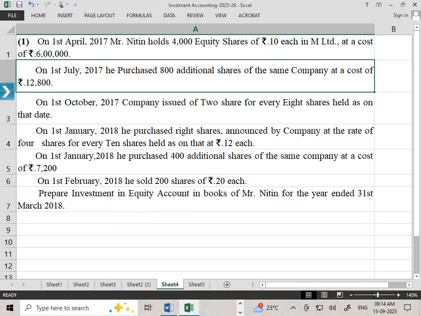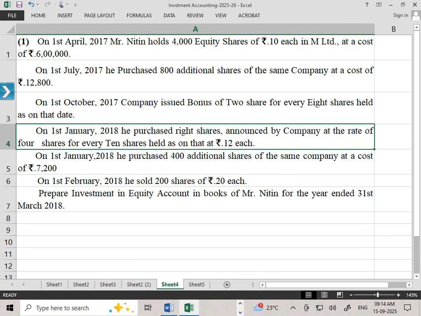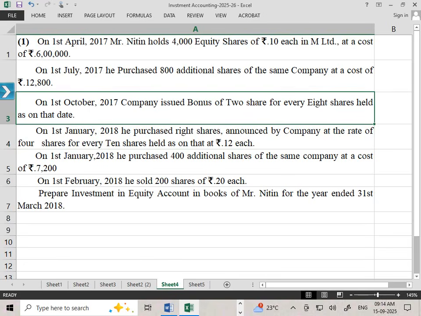Next. On 1st October 2017, the company issued bonus shares of 2 shares for every 8 shares held as on that date. Here the word bonus is not written, but the company issued bonus shares. What is the ratio? 8 is to 2.